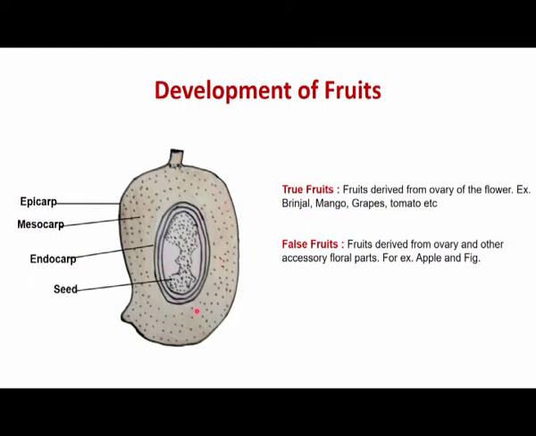The seed has a protective covering in the form of a coat, but outside the coat the fruit has a fleshy tissue. The fleshy tissue contains a large quantity of water, and that water protects the seeds from getting dehydrated and allows the seeds to survive for a longer time.